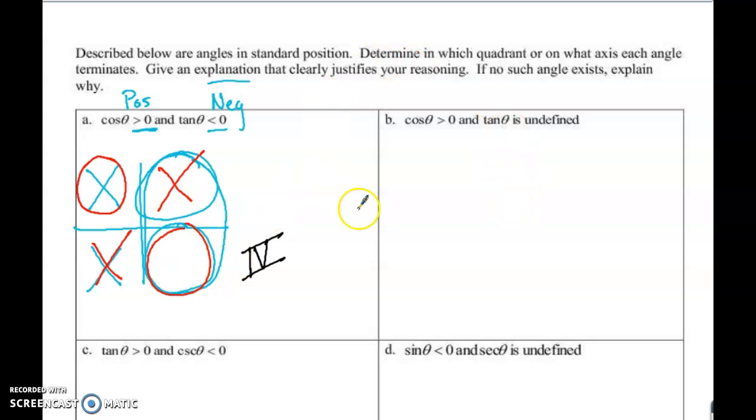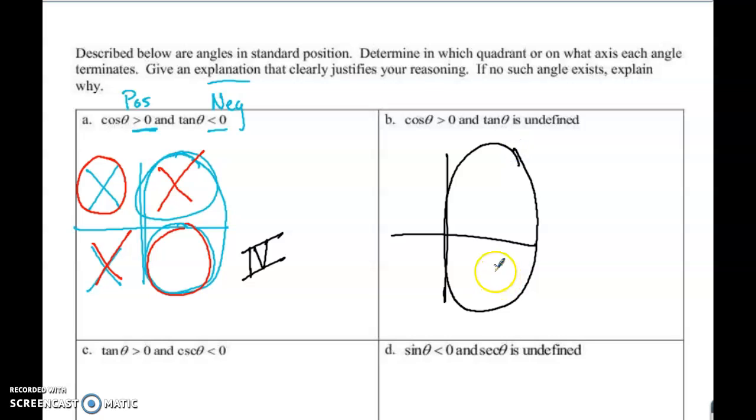Okay, well, we don't have to end up in a quadrant. We can also end up on an axis. So anyway, as we're looking at this, if cosine is positive, that means we are either here, first or fourth. Now, where is tangent undefined? Well, tangent, by definition, is sine over cosine.